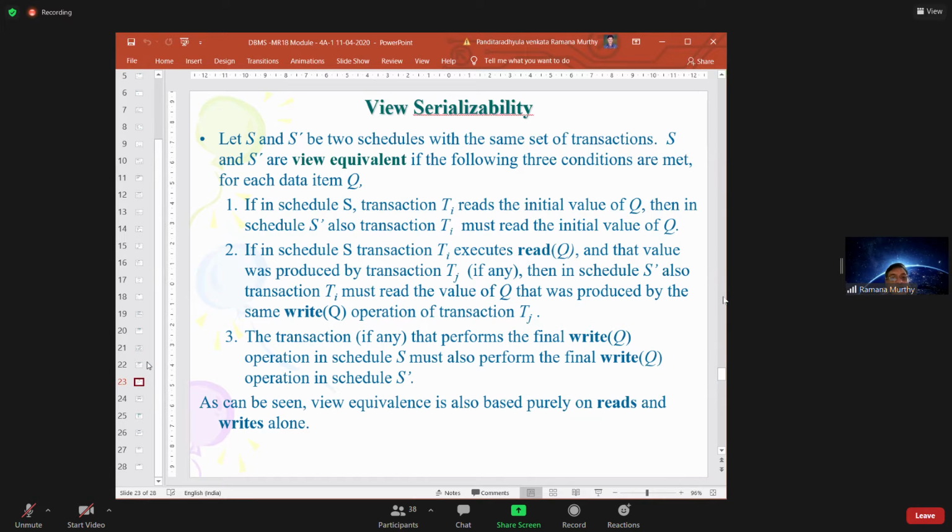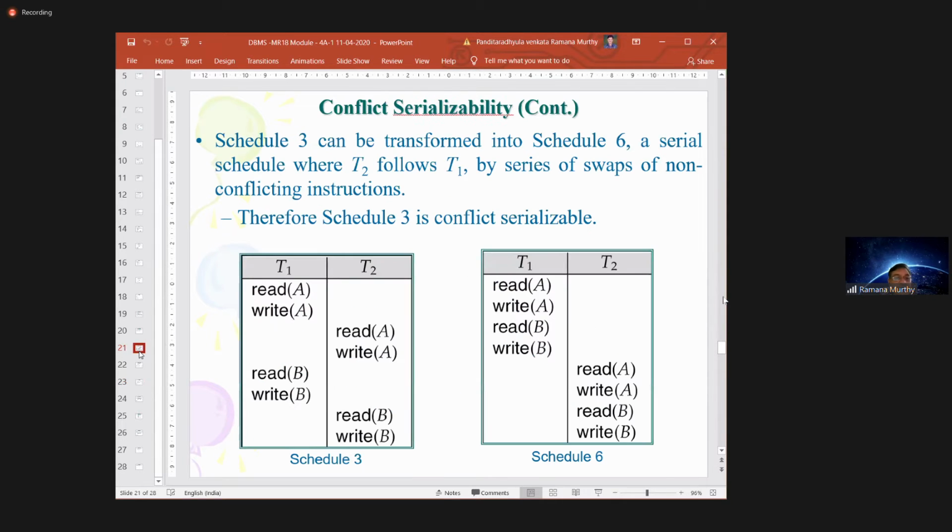Once again, we will identify whether two schedules are view serializable or not. What is the meaning of view serializability? We are not comparing each and every simultaneous operation of T3 and T6, or the comparison between schedule 3 and schedule 6.